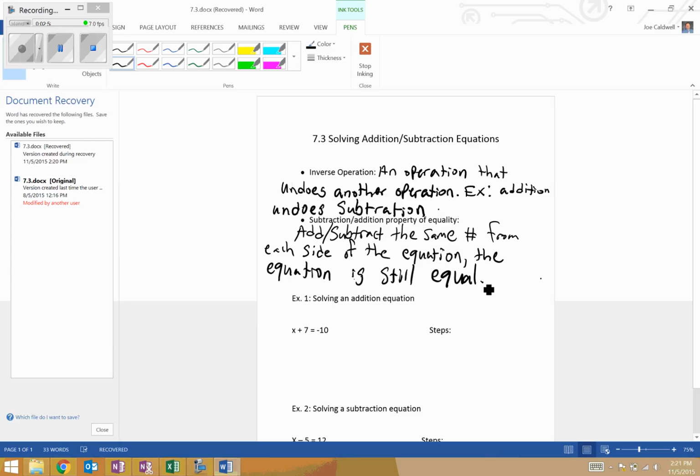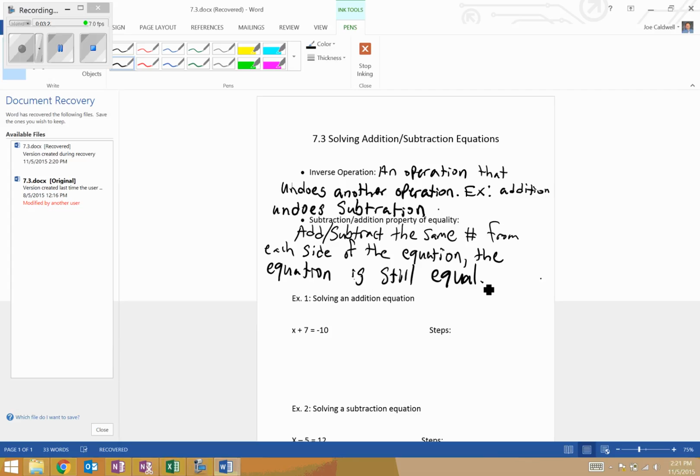All right, we're going to use these two rules to solve equations. What you always want to do is ask yourself what is being done to the variable. You want to undo that. Our goal is to always get the variable by itself. We want a statement to say x equals this number.